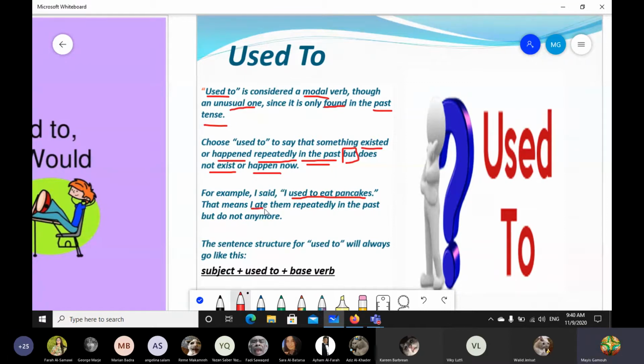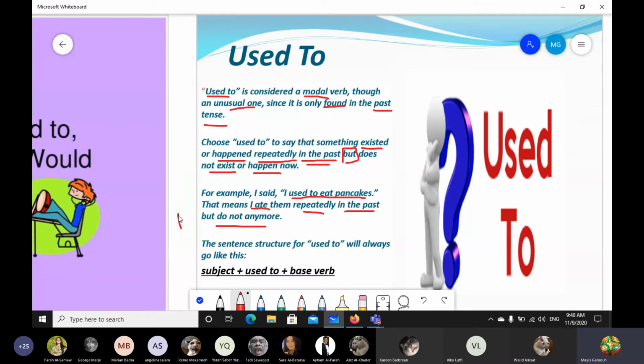Look at the verb, what was it? It's in the past, repeatedly in the past, but I don't eat them anymore. So I ate them in the past repeatedly, but I do not eat them anymore. So it is a habit or an action that happened repeatedly, but in the past; it does not exist or happen now.